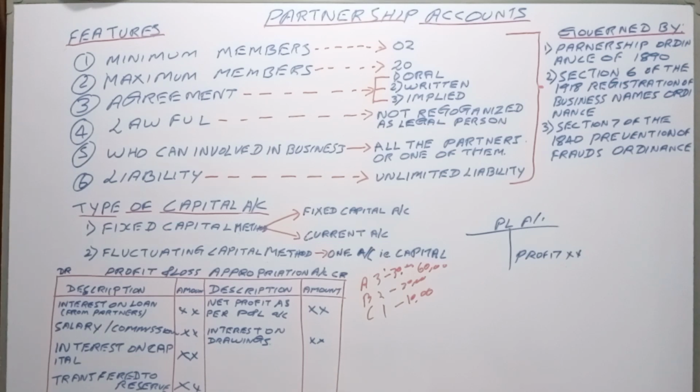If you cannot see it, you can write it down from here. After interest on capital, there will be a transfer to reserve account, and the next one is the balancing amount, profit transferred to partners' capital account.